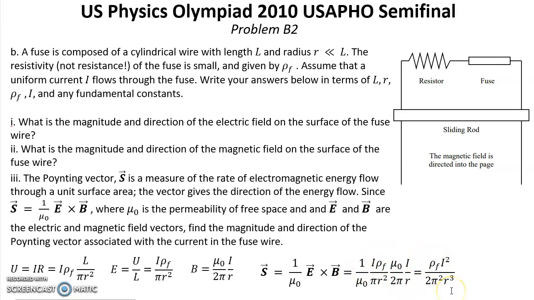And due to the vector cross product direction, the direction of this Poynting vector is going inside of this fuse. So it will get hotter over time. So we just answered all three questions for this section B.